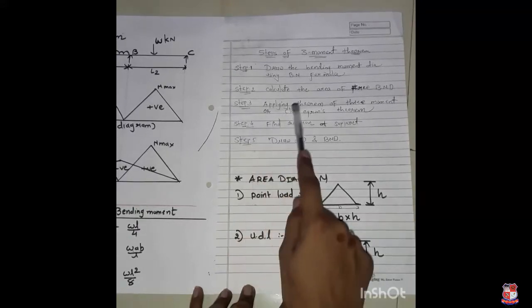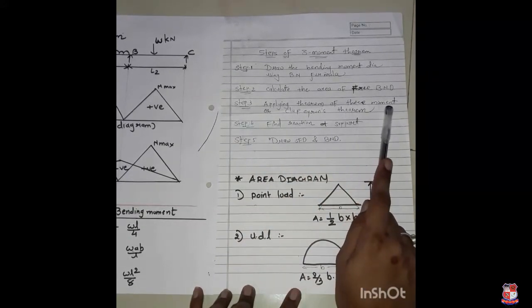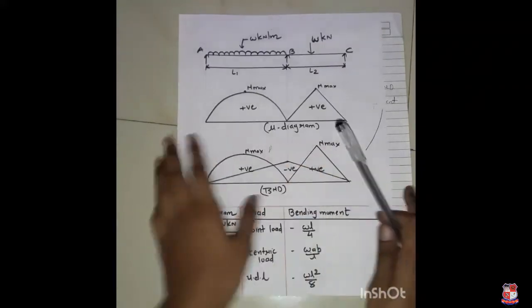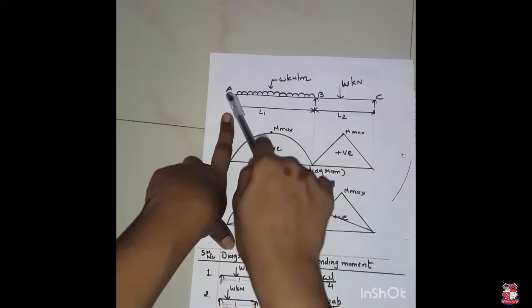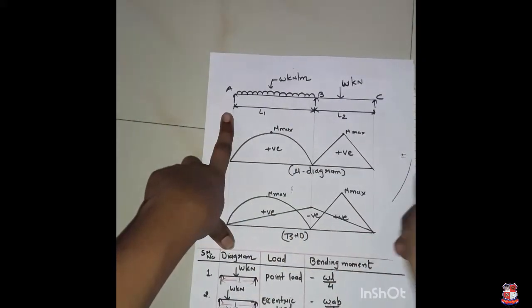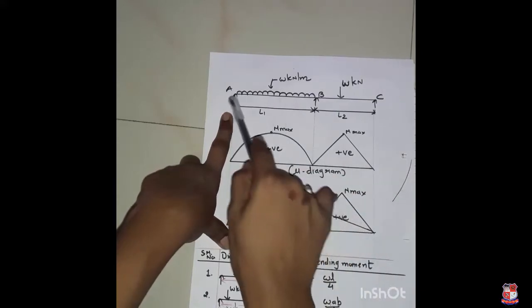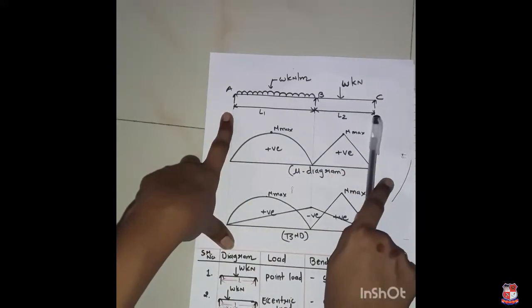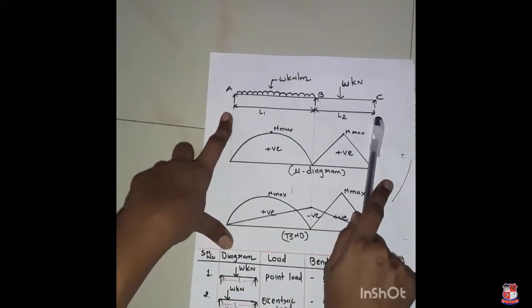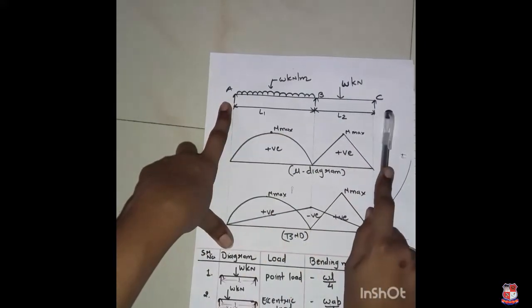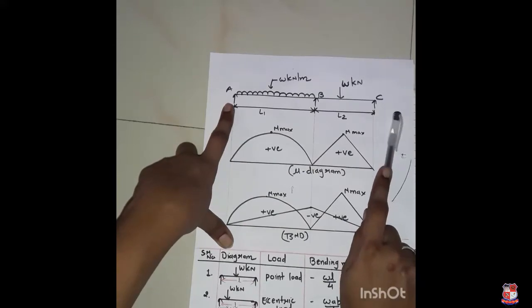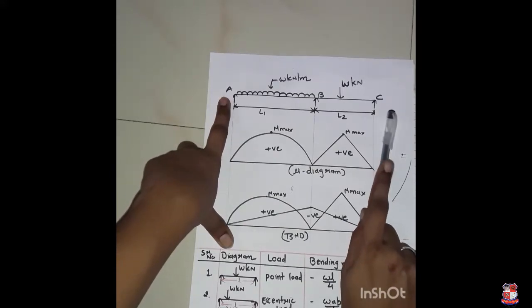Next step is to apply the three moment theorem. If the end supports A and C are simply supported, then the end moments, moment of A and moment of C, are 0.